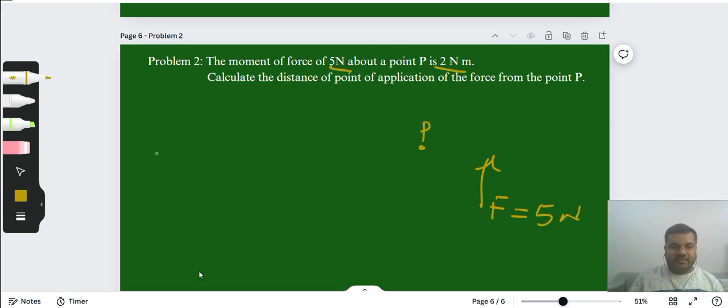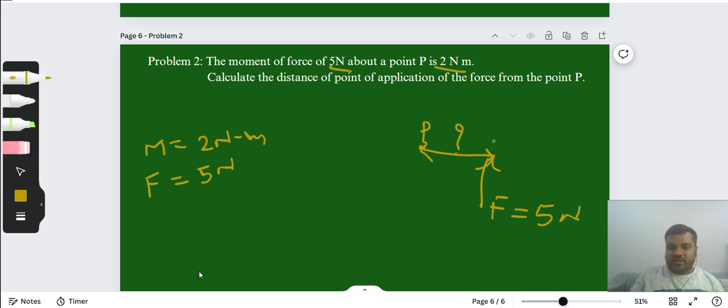Its moment M equals 2 Newton meter. Calculate the distance of the point of application of the force from the point P. It means you have to calculate this distance. How much is this distance?